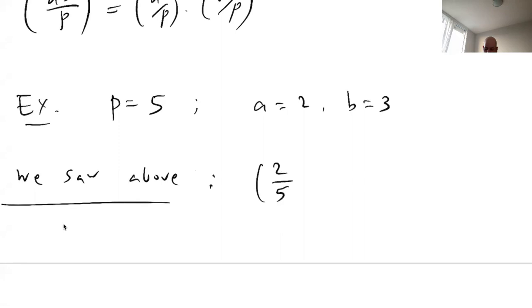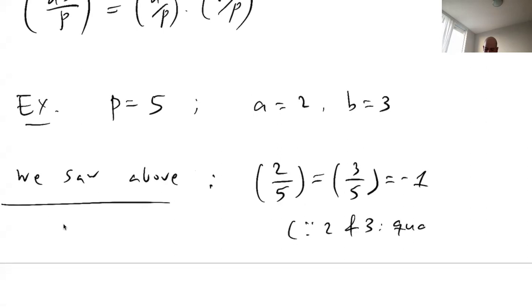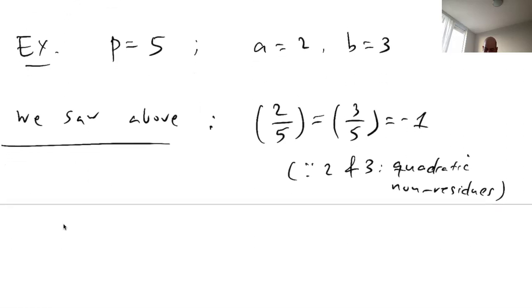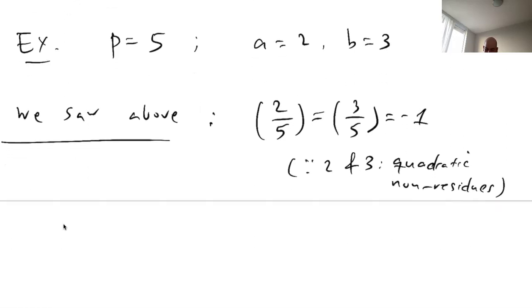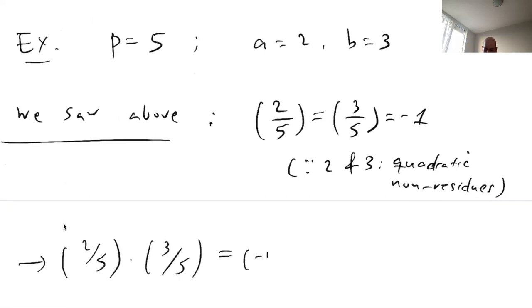That means 2/5 and 3/5 are -1, because 2 and 3 are quadratic non-residues. So that means 2/5 times 3/5 will be -1 times -1, which is 1.